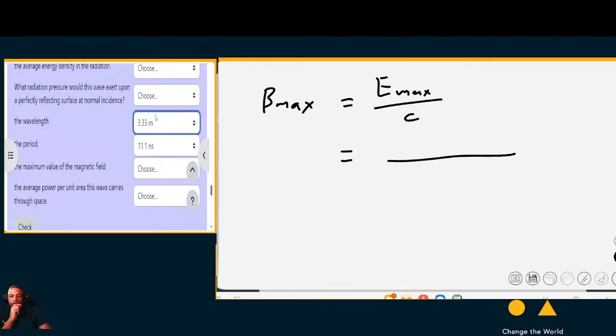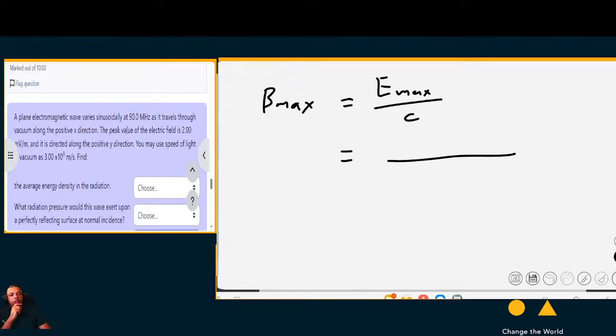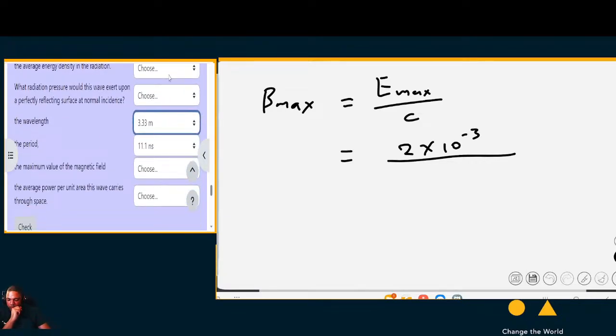The peak of the electric field is 2 times 10 to the negative 3 volts per meter, and you divide that by the speed of light, 3 times 10 to the 8, and voila, you get 6.67 times 10 to the negative 12 Tesla.